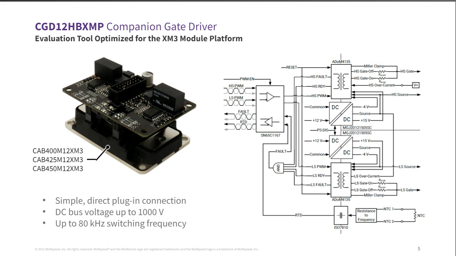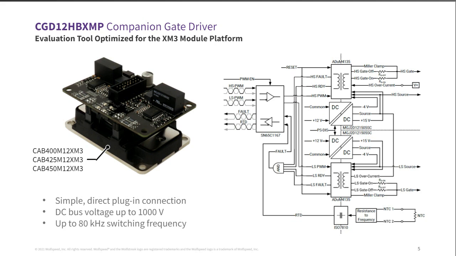So we provide the proper protections, including DSAT, and in this XM3 driver, utilizing an ADI all-in-one gate driver chip, has the Miller clamp connection, and then user configurable turn on and turn off gate resistors.